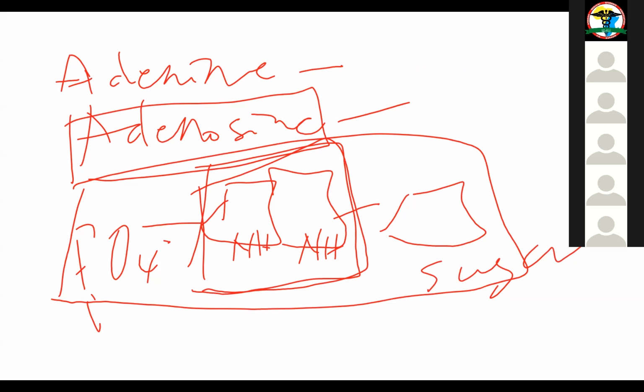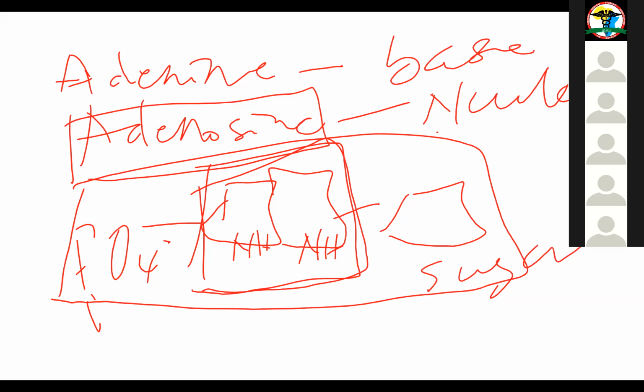So this is the base. Adenine is the base. Adenosine is the nucleotide made up of adenine, phosphate, and sugar. Adenine is the base, and it's just the same thing I've been saying, just that I was confusing the names. So adenine is the base, while adenosine is the nucleotide.